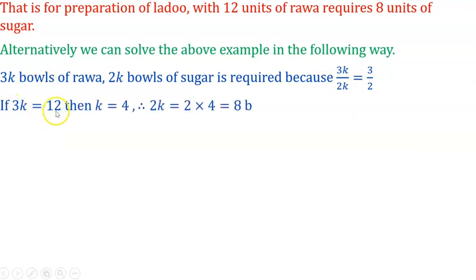If 3k = 12, then k = 12 upon 3, that is k = 4, and therefore 2k = 2 into 4, which equals 8 bowls of sugar required. In this way we can also solve.